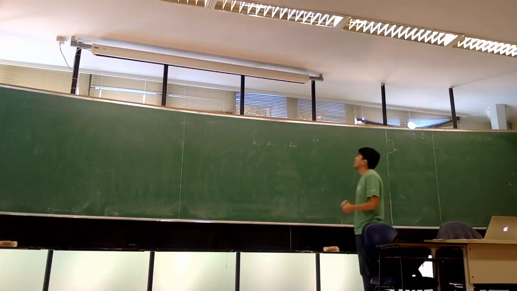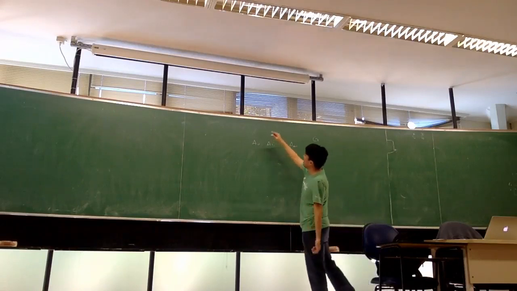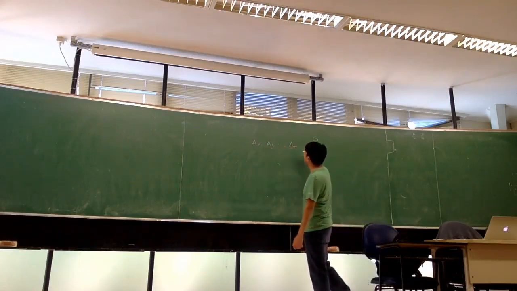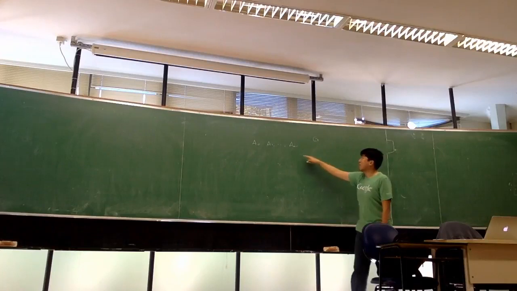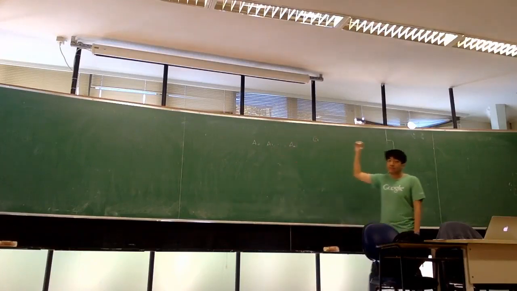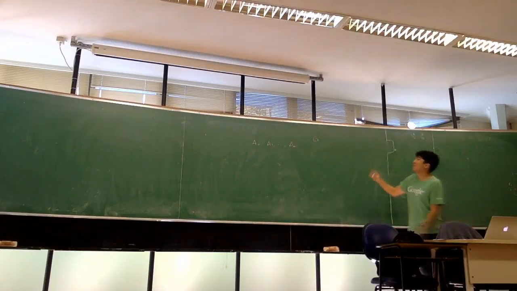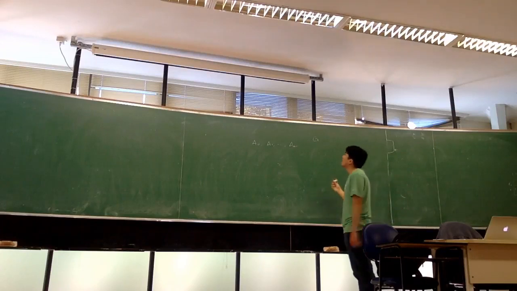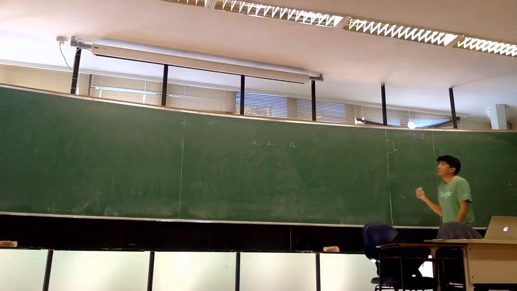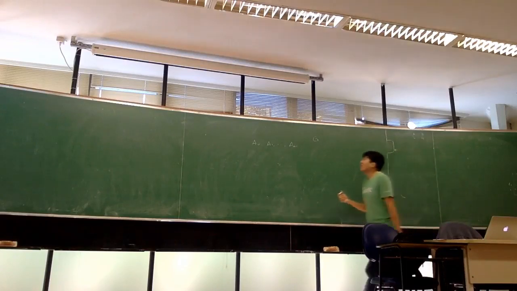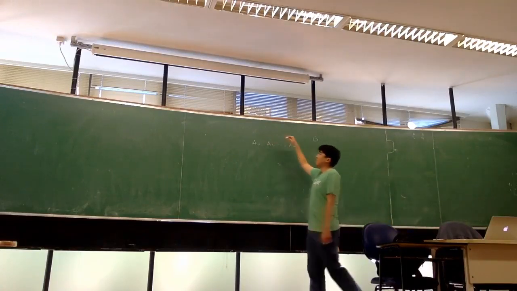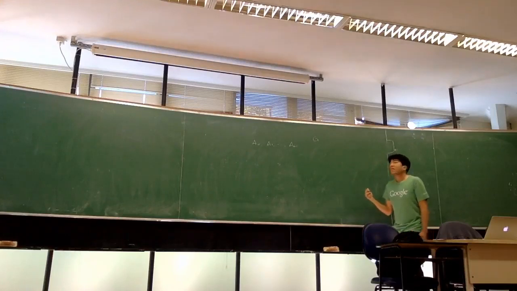Basically, the problem asks what is the minimum number of mountains you have to hike through to reach the height G, and you always hike the mountains in this order: 0, 1, 2, 0, 1, 2, until n-1, and then go back to 0. And the thing in this problem is that once you hike through the mountain, you get tired.